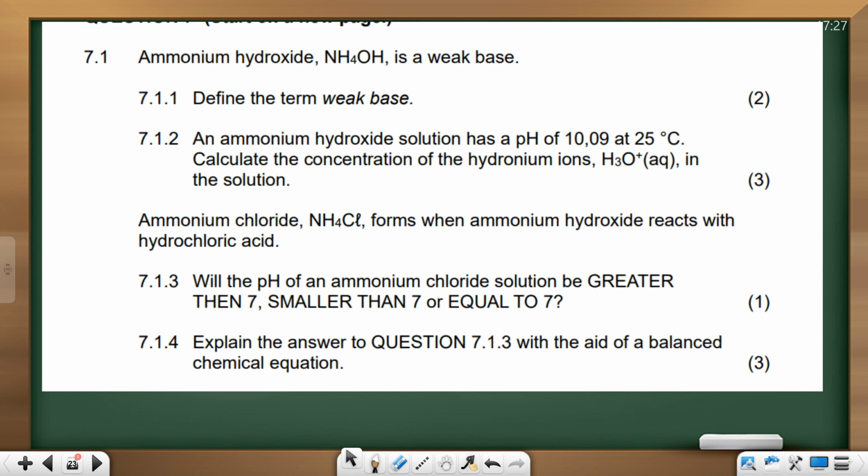All right. Do you want to get me those 3 marks? We did pH yesterday. Please, quickly, get me those 3 marks. Fast. Ammonium hydroxide solution has a pH of 10,09. Calculate, please read very well. Calculate the concentration of what? The hydronium ions.